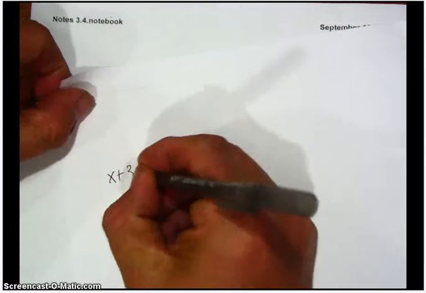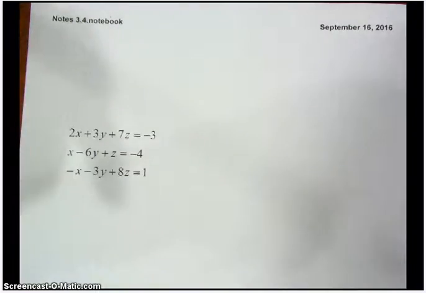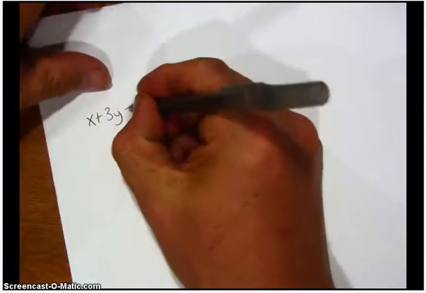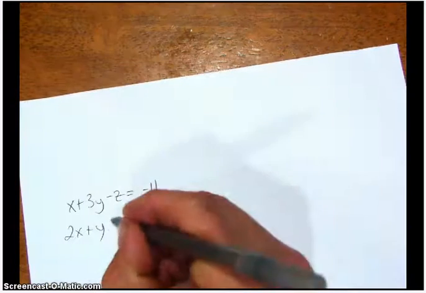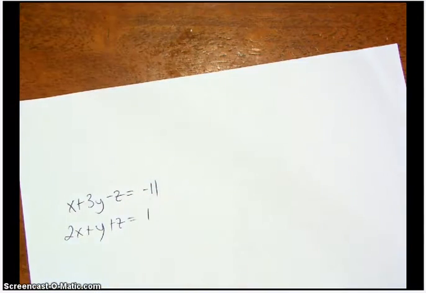Alright, so for example, let's do x plus 3y minus z equals negative 11. And then we have 2x plus y plus z is equal to 1.